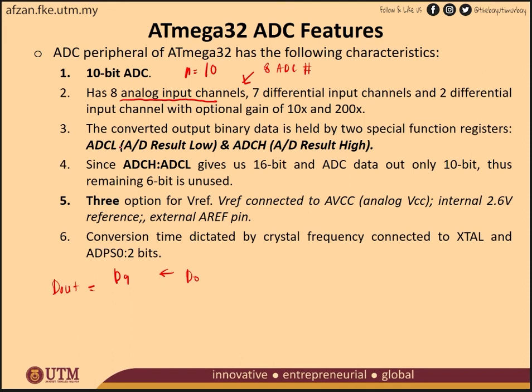If you use one register only to send out this data, it is not enough, because you have 10 bits and the ATmega32 only caters up to 8 bits. So to cater up to 10 bits, you need to use 2 registers to send out this digital output, or converted output binary data. We call them ADCH and ADCL.